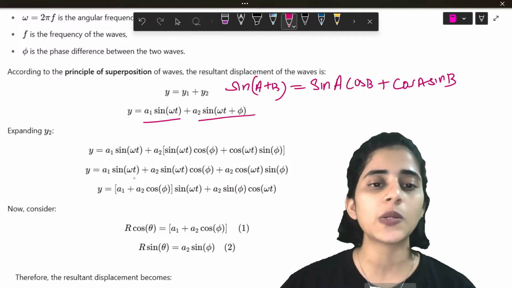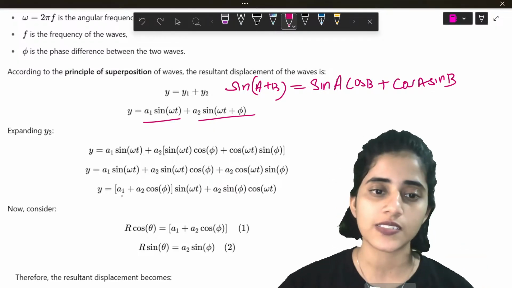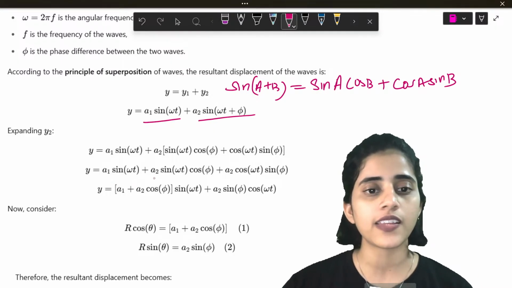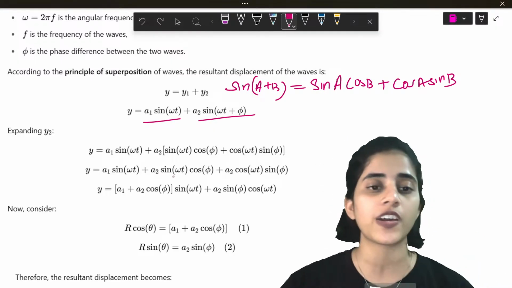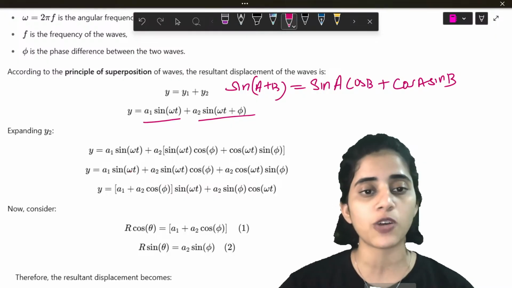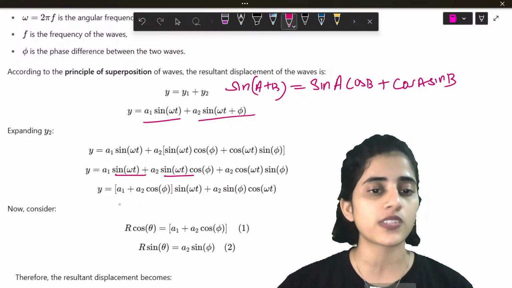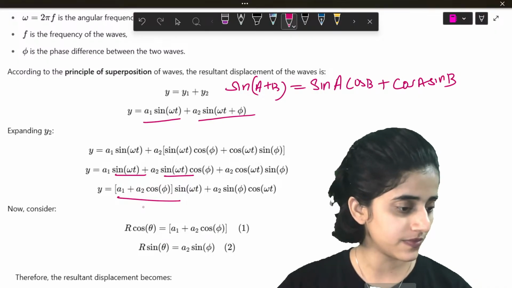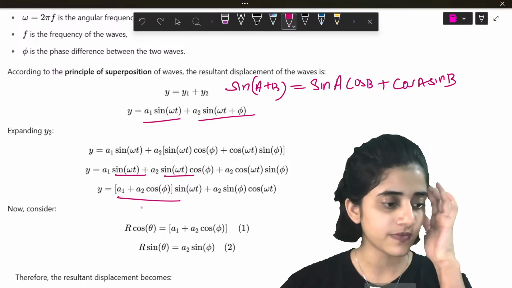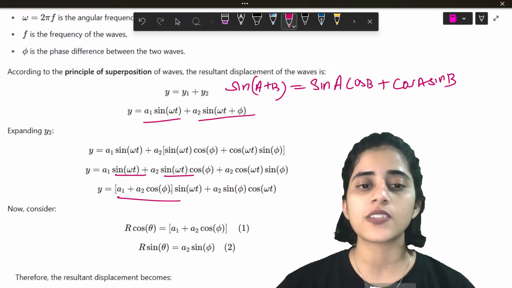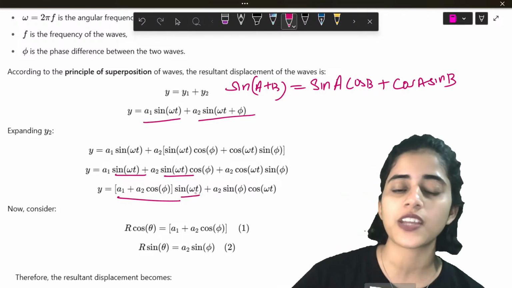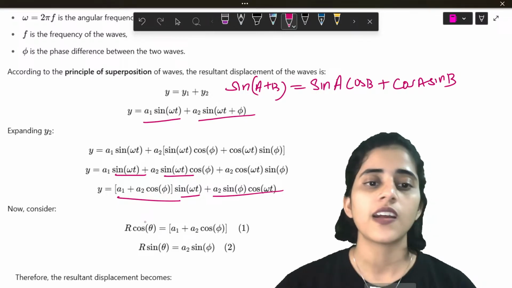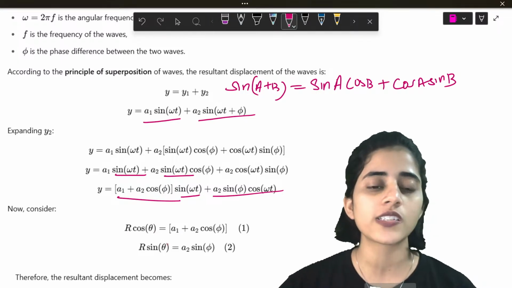Now what I will do is I will take all the common terms outside. So I have a1 sin omega t and then a2 sin omega t cos phi. In both of these, sin omega t is common. So I can take sin omega t outside. What remains? a1 plus a2 cos phi. So a1 plus a2 cos phi into sin omega t plus a2 sin phi cos omega t. Now r cos theta will be what? The resultant.